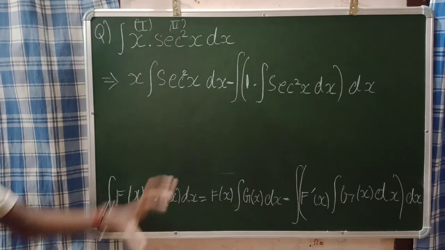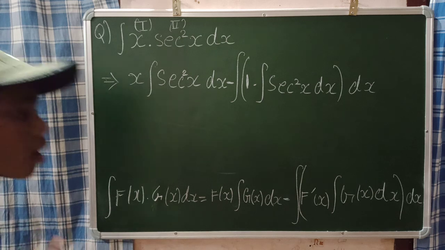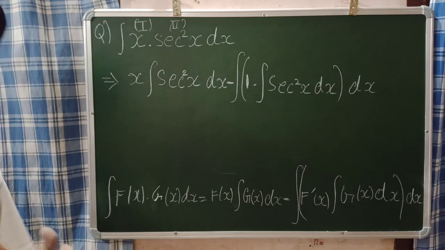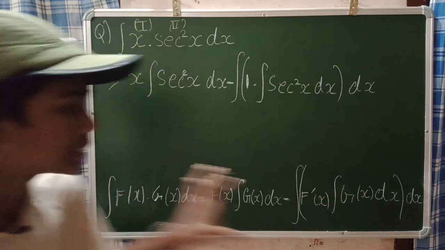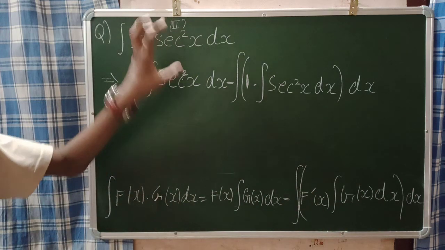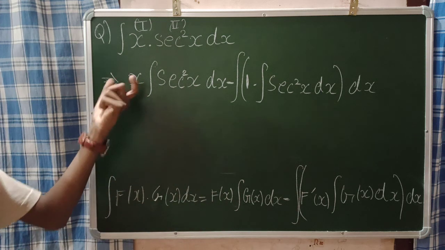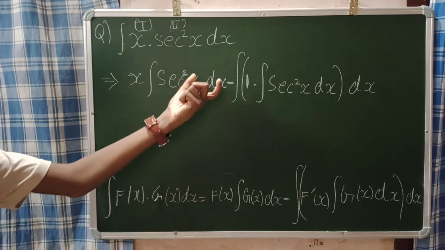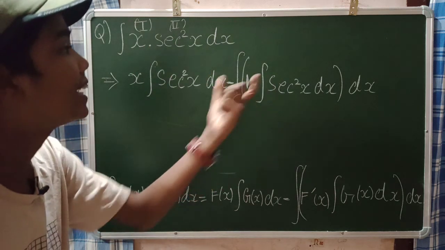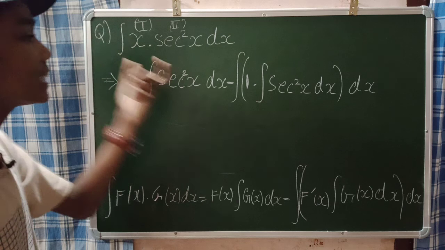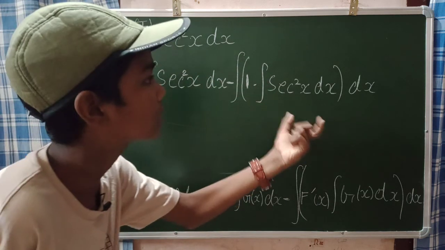This is what you will get as a simplified value when you use this form of expression, which is nothing but the by parts rule. So I am just using the by parts rule which I wrote below in this integral and converted it into the first function, f of x, which is x, into the integral of the second function, the integral of secant square x dx, then minus the derivative of your first function, which is the derivative of x, that is 1, into the integral of your second function, the integral of secant square x dx.